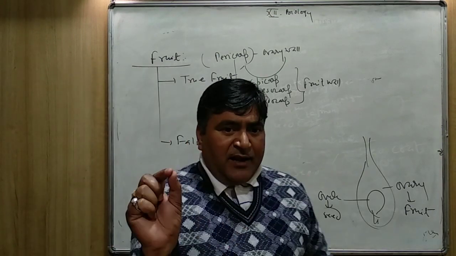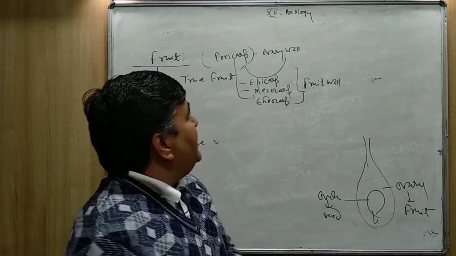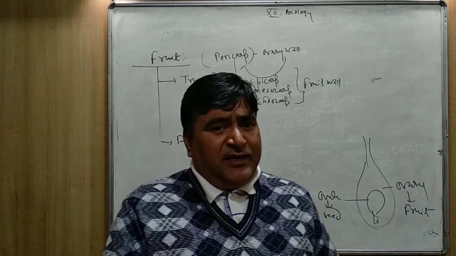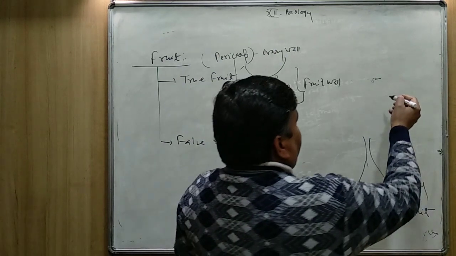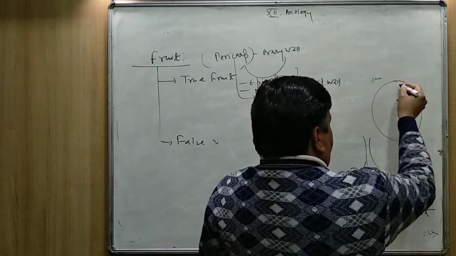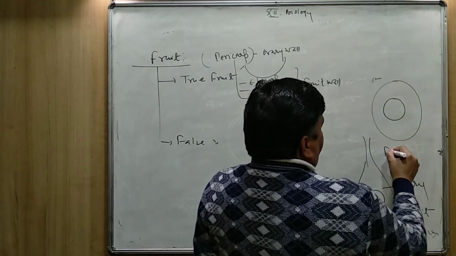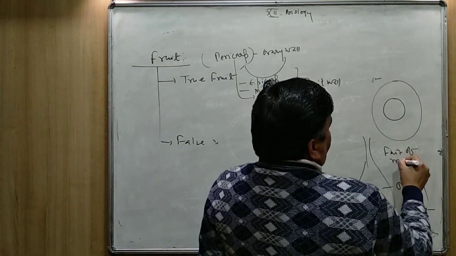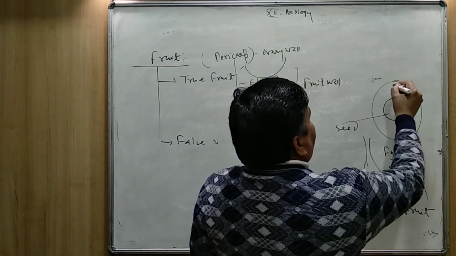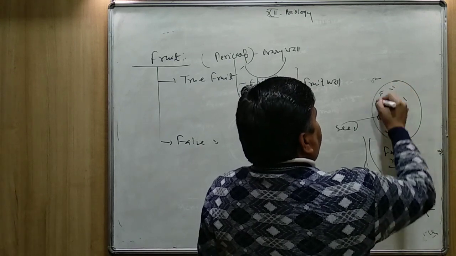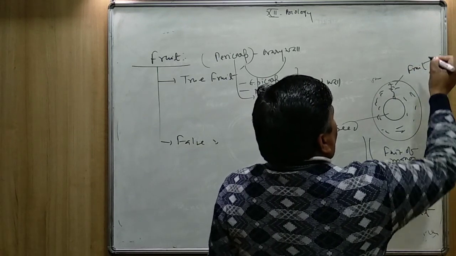Epicarp is the outer layer of the fruit. The mesocarp is mainly the part which generally stores the food, and endocarp is generally attached to the seed. You can see here with the diagram, suppose this is the fruit of mango, this one is the seed, and this whole structure just above the seed is called fruit.